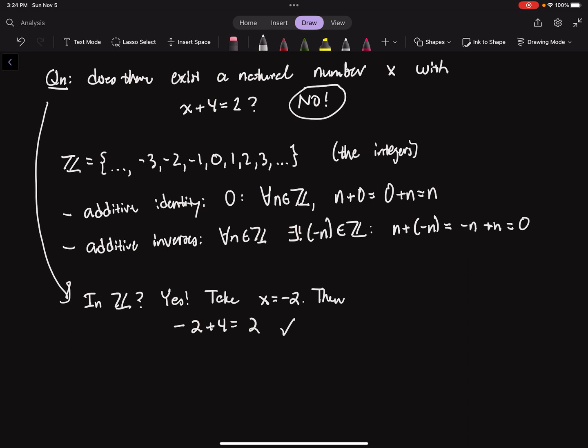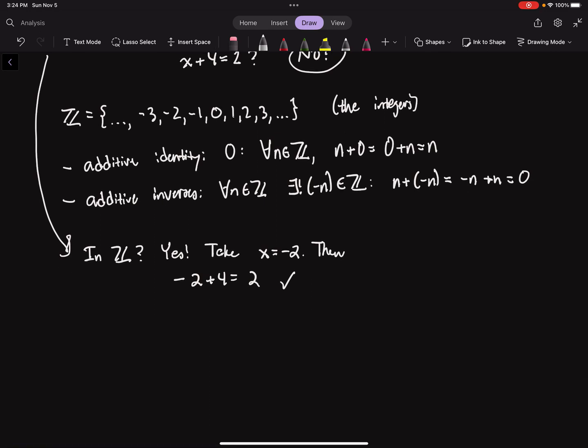However, we run into similar problems in Z because we can formulate problems using the language of Z that have no solution in Z. And let me give you a perfect example.